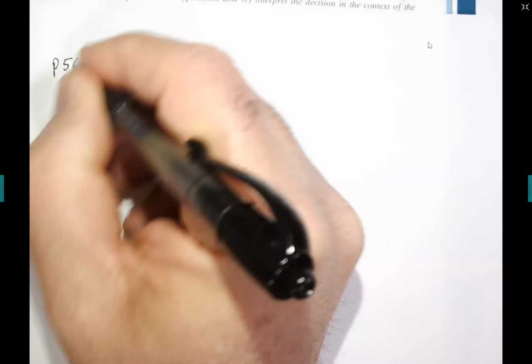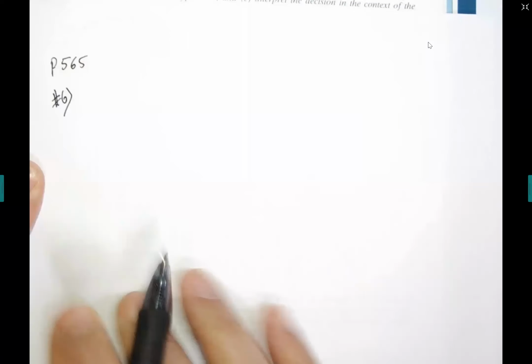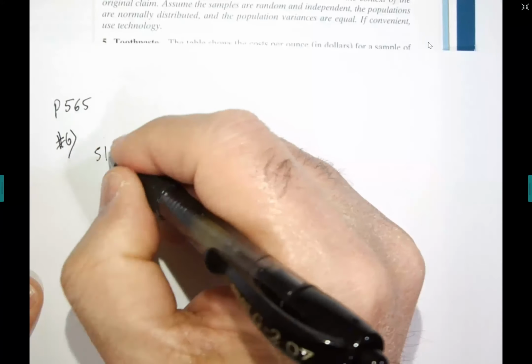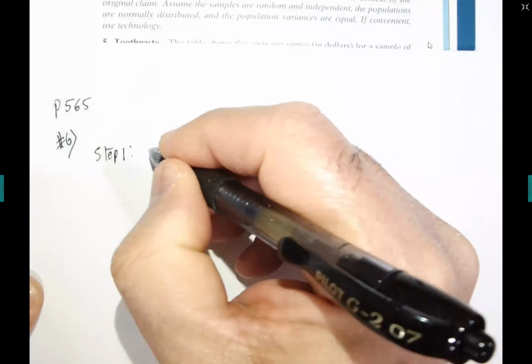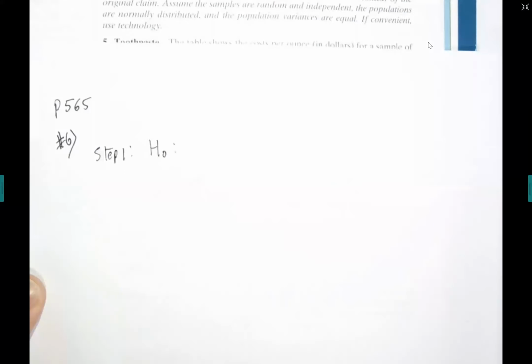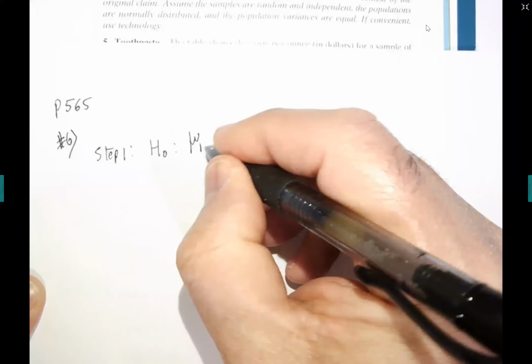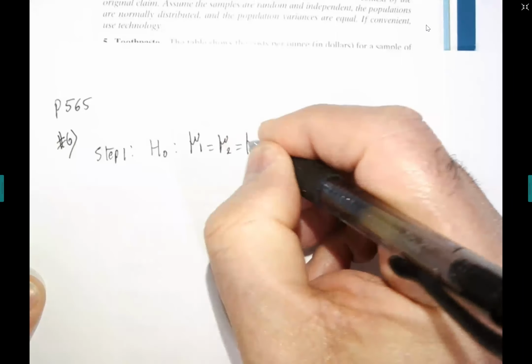Page 565, number 6. And watch, guys. Look what you put. Step 1. H0. How many means do we have, guys, involved in this one? Can someone tell me by replying to the chat? 3. Look what you write. mu1 equals mu2 equals mu3.